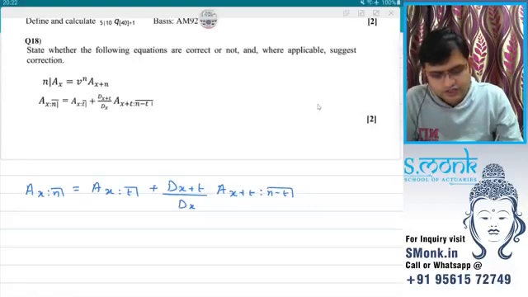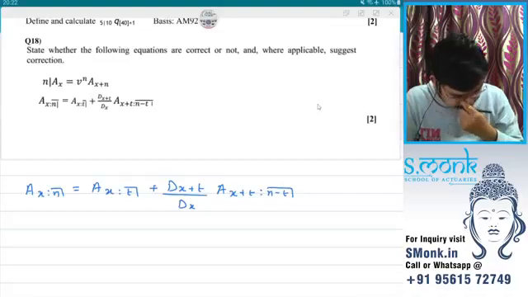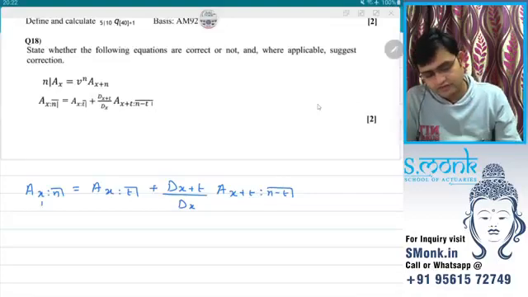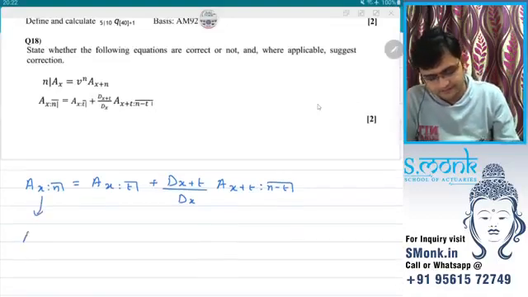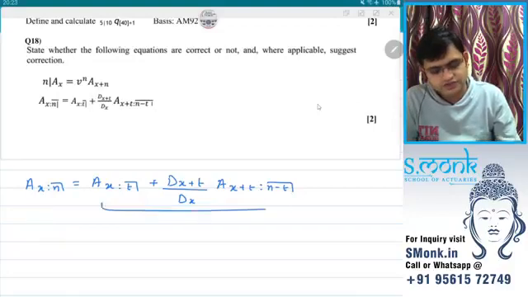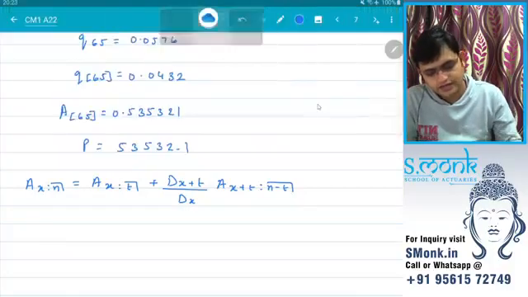State whether the following equations are correct or not and whether they are applicable. Now we know this value AXN. I'll just write LHS, or actually use this value first. Okay, right hand side.